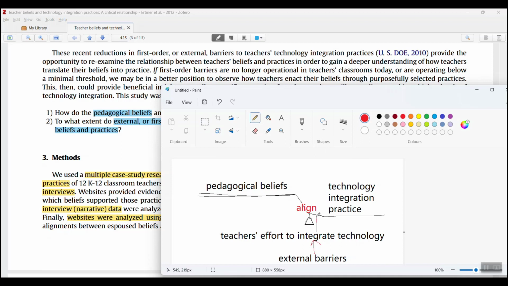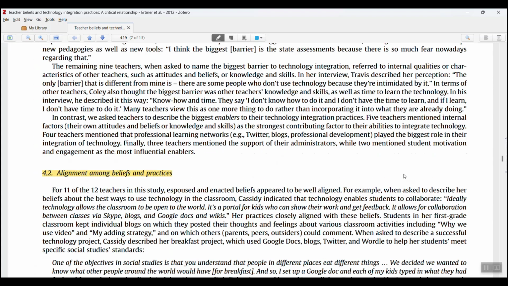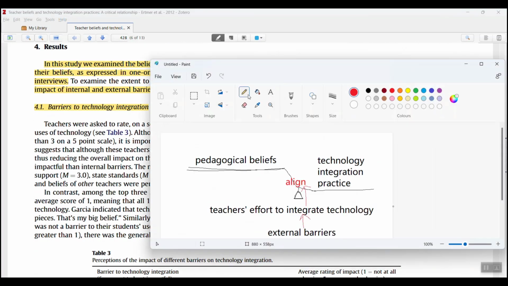And external barriers influence teachers' effort to integrate technology, and that effort influences the misalignment between the two beliefs. Now we know these concepts and relationship of them in visual way.